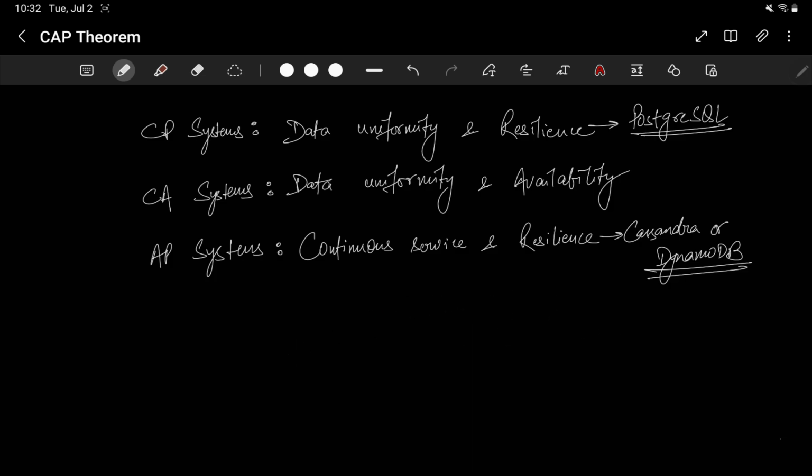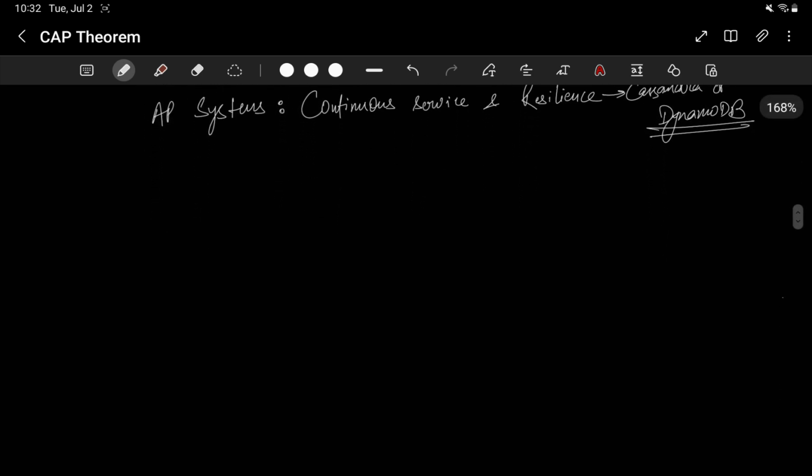Also, the last few things: what are the challenges that come with CAP theorem? One is balancing trade-offs.